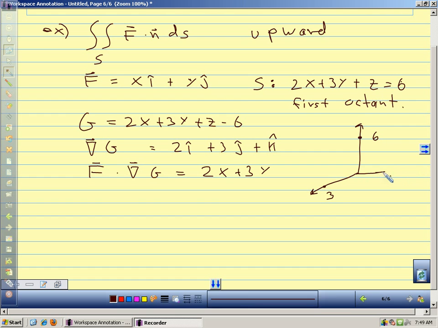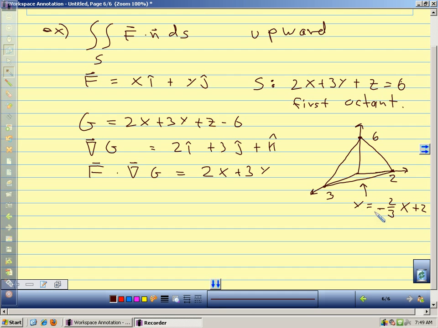And we're over here at y equals 2 when x and z are 0. So our region in the first octant is here. Our region in the xy plane is bounded by this line right here. So we use these points to find the equation of this line. This line is y equals minus 2/3 x plus 2.